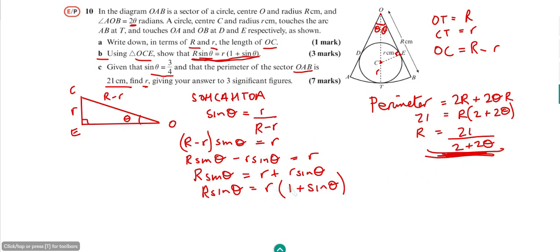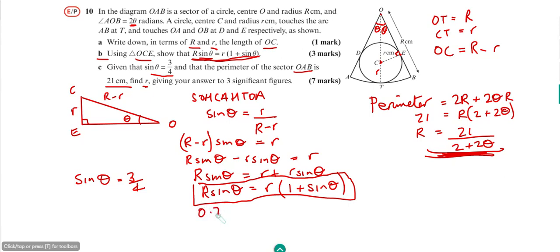Now we're going to use as well this thing that we found in part B. So I'm going to rearrange that. I'm also going to use the fact that we're given that sine theta equals 3/4 and put that into that formula. So if I do that, then what I've got is 0.75, the 3/4, replacing the sine theta, r is equal to small r times 1 plus the 3/4, which is sine theta, is 1.75.